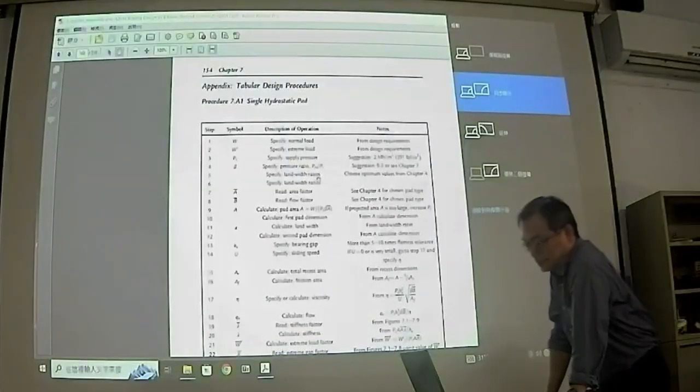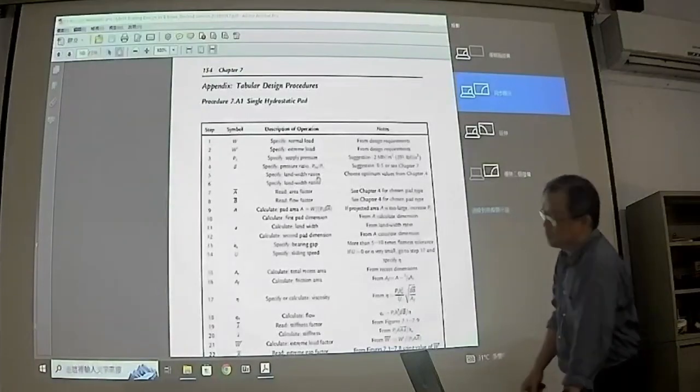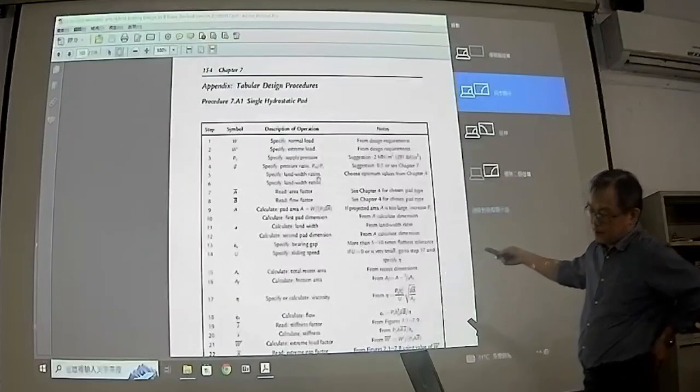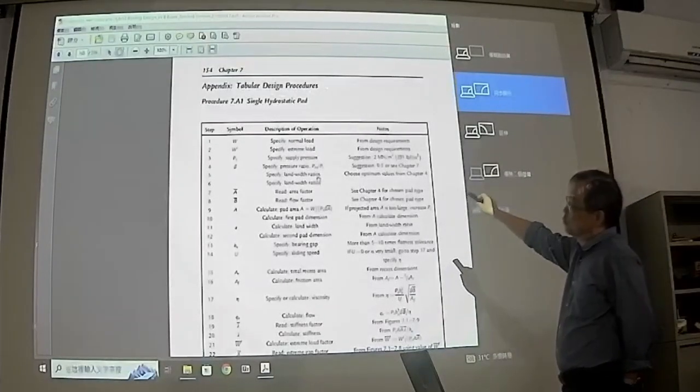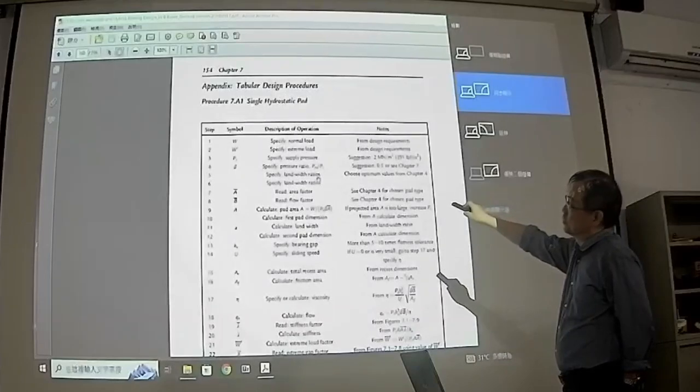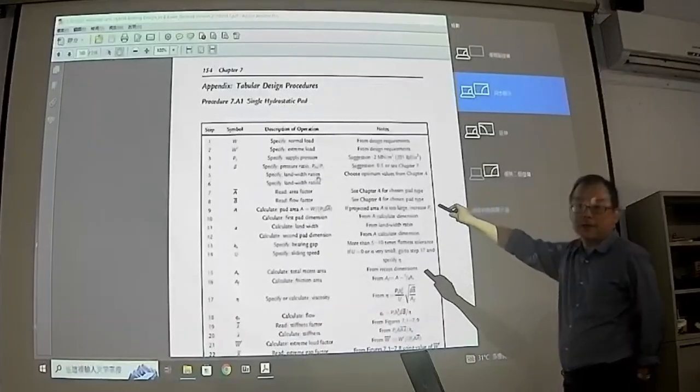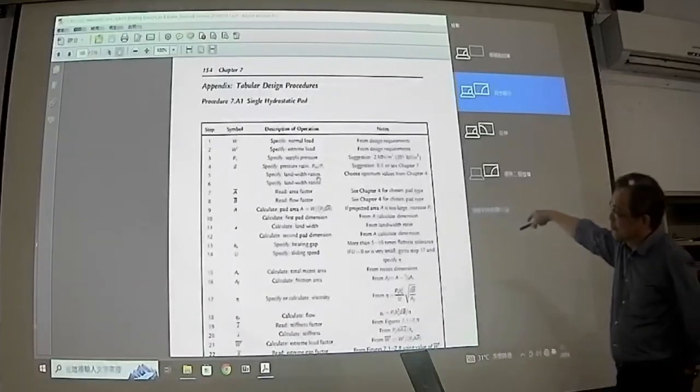So this is chapter 7, page 154. This is exactly the design procedure for the single hydrostatic bearing type.